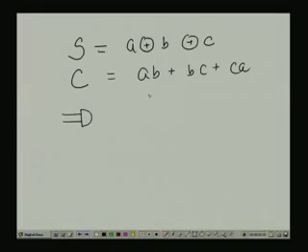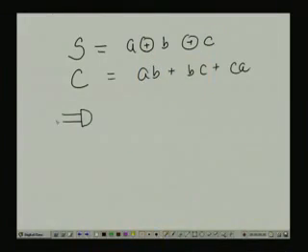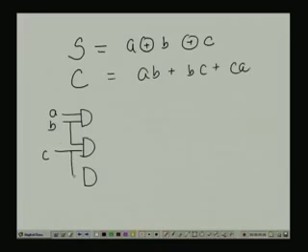Say I am thinking that my uncomplemented variables are available, and I want to realize a circuit where only the uncomplemented variables are available, complemented variables are not available. So first I am realizing the carry. So AB, then BC and CA.